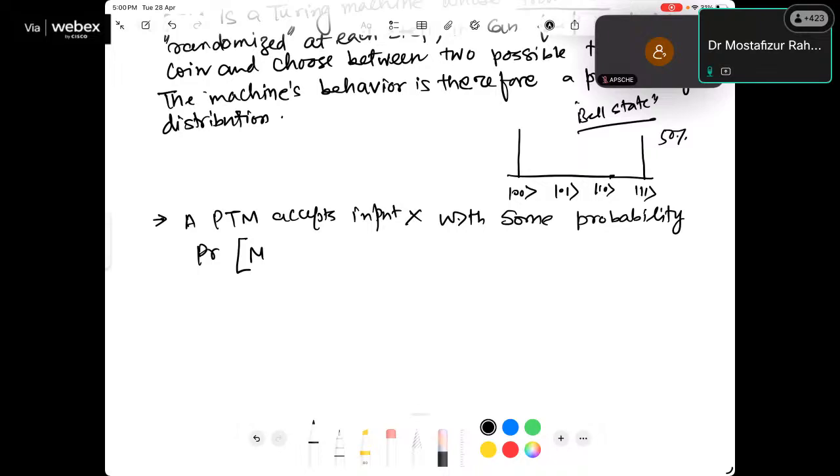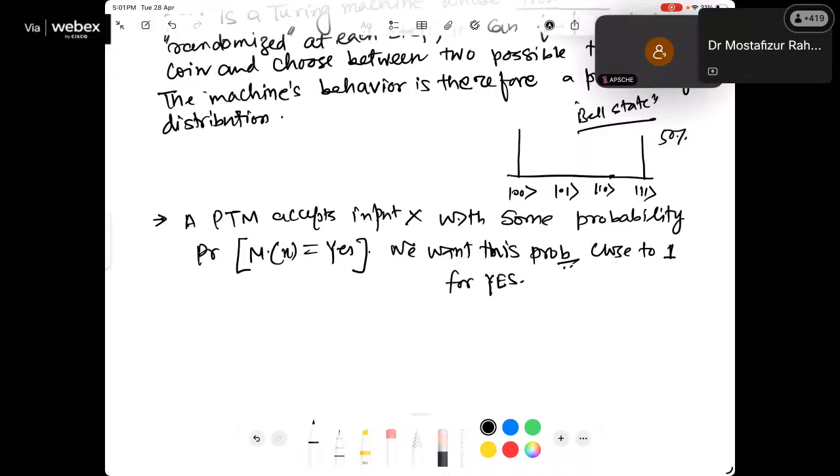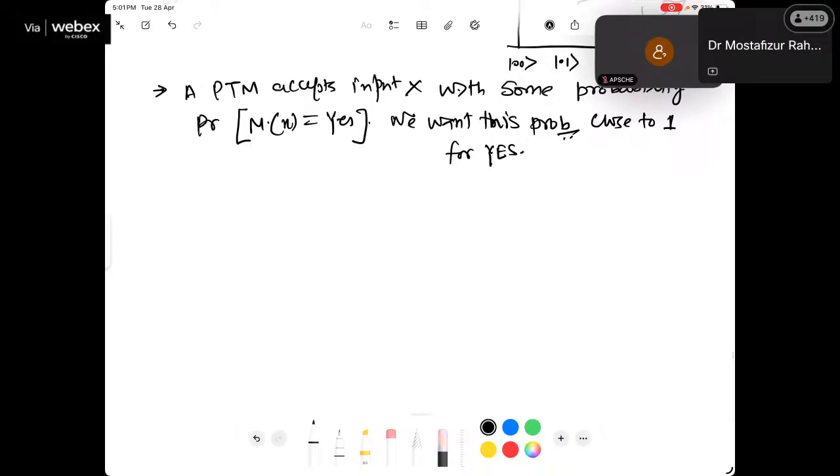I'm sorry, I'm just concluding this particular definition part. So the probability that M of x equals yes, we want this probability to be maximized, close to 1 for yes logic. There are two particular categories under this PTM.